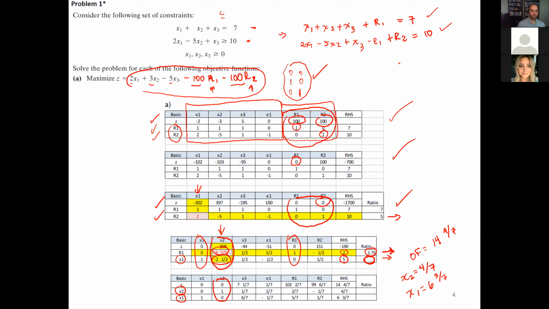So if you end up going to industry and you don't have access to AMPL, for example, or any other software that can solve linear programming models, and the only software that you have access to is Excel, and you find out that you cannot use Excel because your problem is bigger than 200 variables, then knowing how the simplex method works, and knowing how to find an initial solution when there are no slack variables, will allow you to implement the simplex algorithm using code, using Java, using C++.